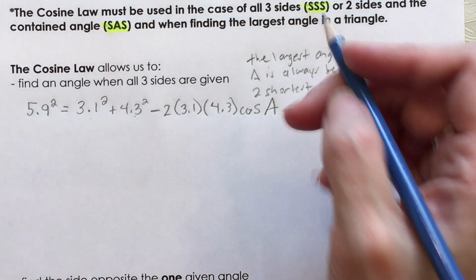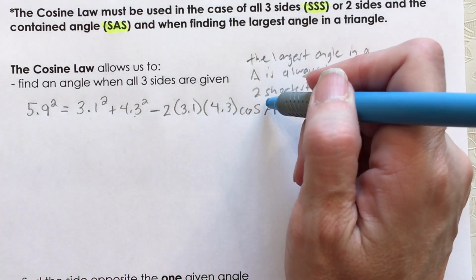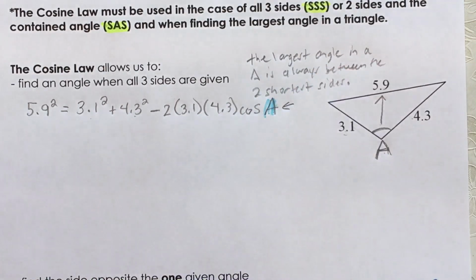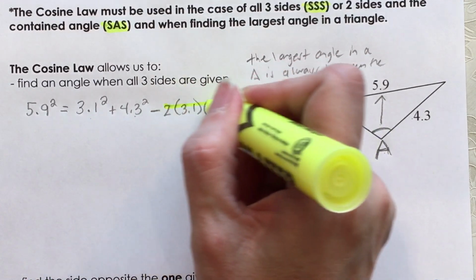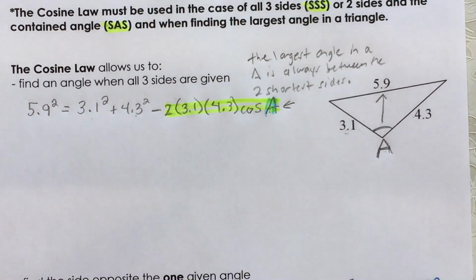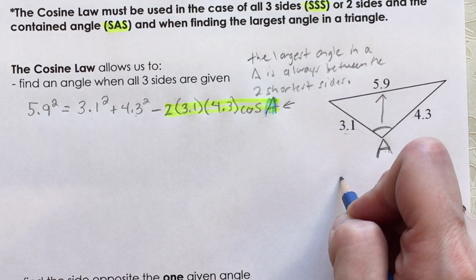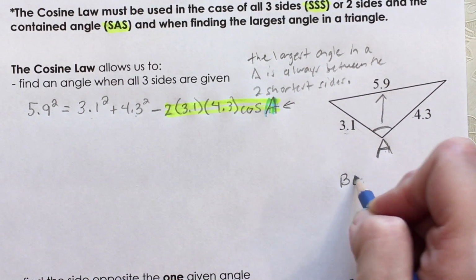Okay, so now we slowly want to get angle A here by itself. So again, this whole term here is four numbers being multiplied together. And when you solve or isolate for a variable, you always use reverse BEDMAS.